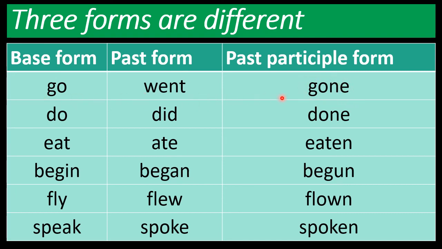The three forms are totally different, and go becomes went by changing the vowel. Next verbs: do, did, done, eat, ate, eaten, begin, began, begun, fly, flew, flown, speak, spoke, spoken.